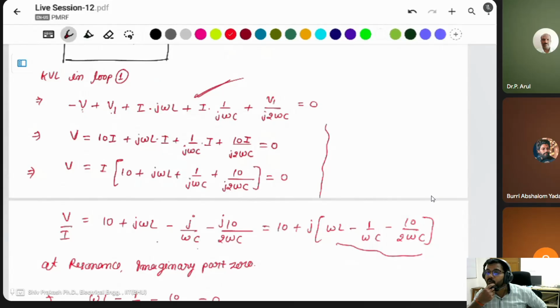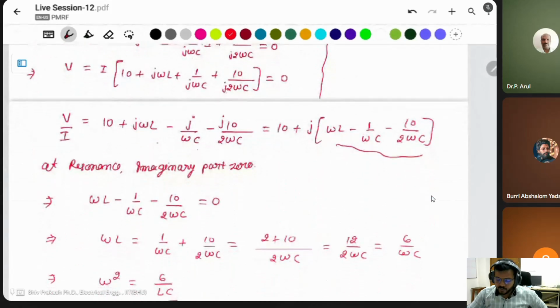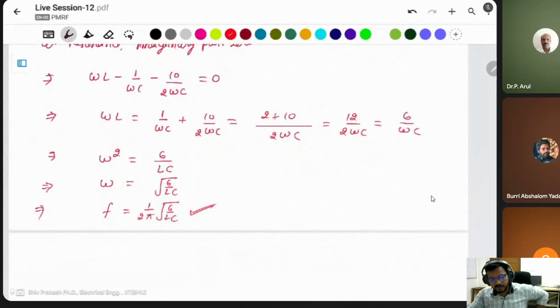That's why, to save time, use the symbols L, C and R as long as possible. So f is equal to 1 by 2 pi root of 6 by LC. Now simply put the value of L and C and find the frequency.